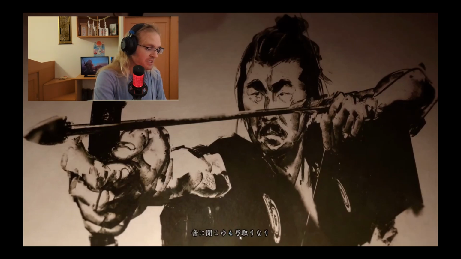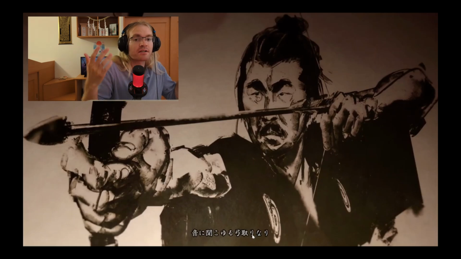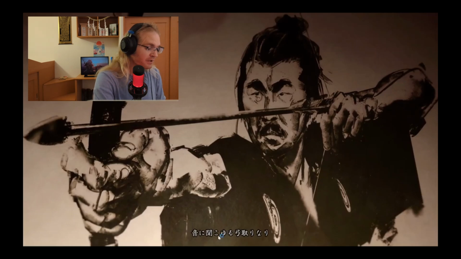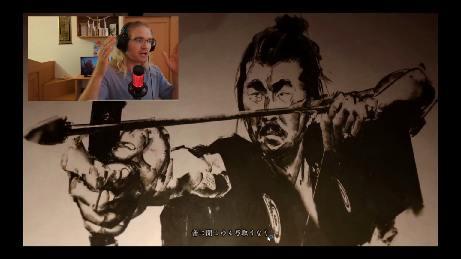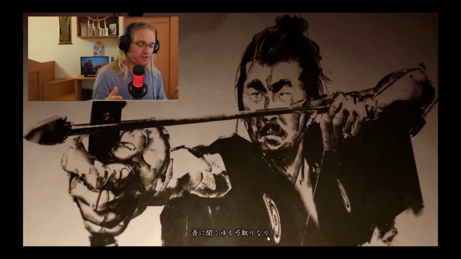Here is yumi, which means bow, and then the word after that is tori, which means to take, okay? So literally, yumi tori is bow take, or someone who takes up the bow, which means an archer. Yumi tori, and then nari. Nari is the copula, technically what the term is called in this instance. It is the ending form of the verb to be, or is, am, are.